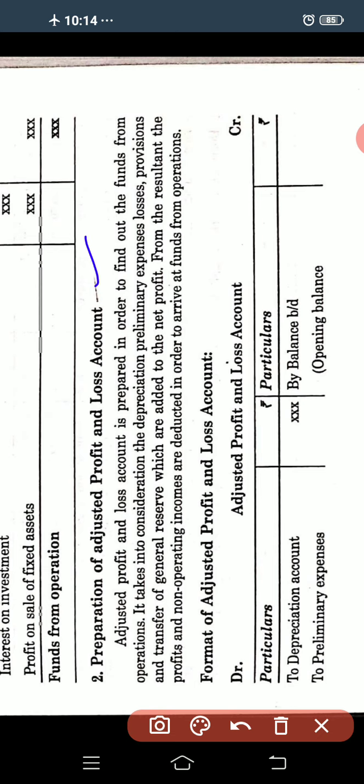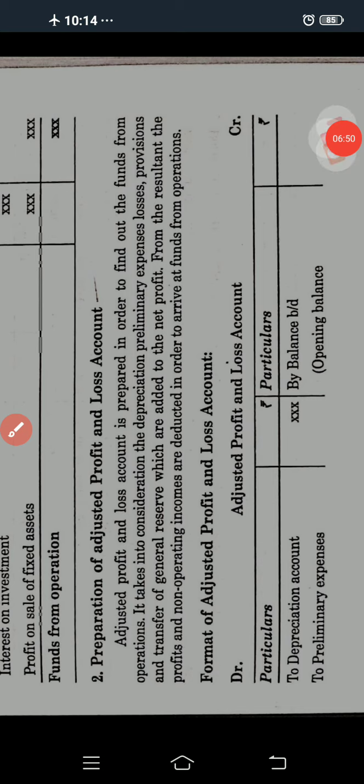There is a format to calculate the adjusted profit and loss account in order to find out the fund from operation. So this is the format: adjusted profit and loss account, particulars, rupees, particulars and rupees. Here we have to record all those items that are debited to profit and loss account, that is depreciation, preliminary expenses.